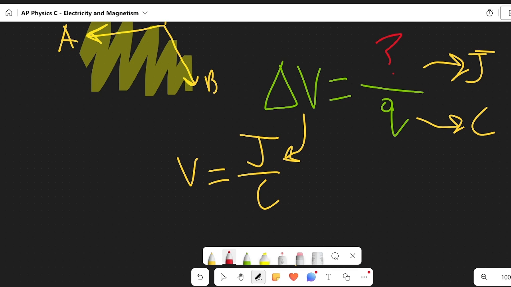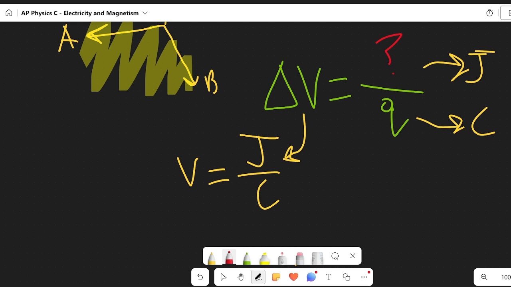Essentially what you could do is use unit analysis and say, hey, the units of delta V are joules divided by coulombs, right? And we already have coulombs in the denominator, so we need to have joules in the numerator. So what has joules? Delta U. And we know it's delta because the delta also has to come from somewhere. So we can also derive that as well.